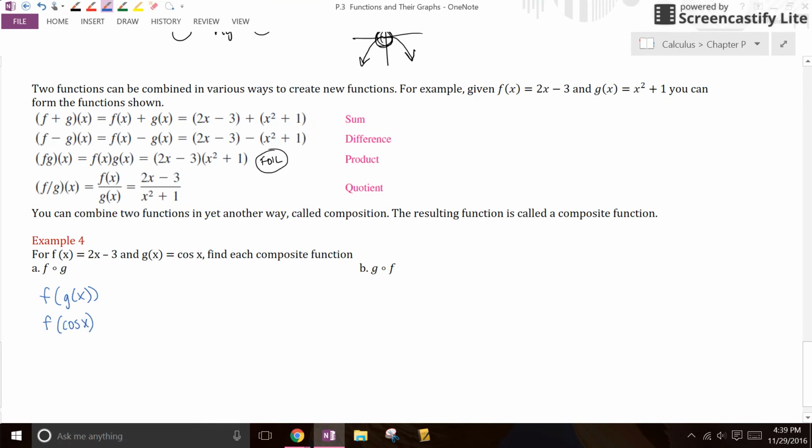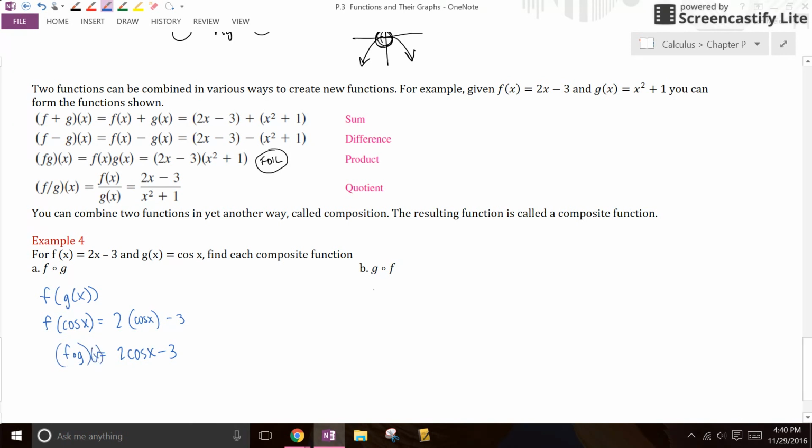It's cosine x. So what does this mean? This means go to equation f. Remember what we do? It's like 2 and then whatever minus 3. And whatever that whatever is, that's what I'm going to substitute in. So it's cosine. So this would be 2 cosine x minus 3. And you're like, yay, there is your f of g of x, right?